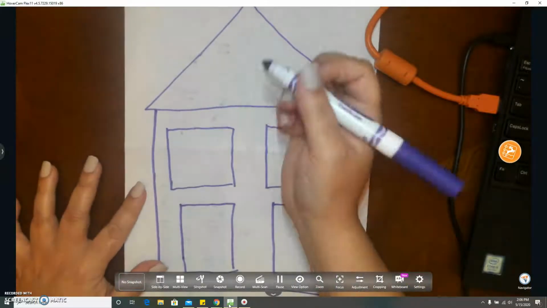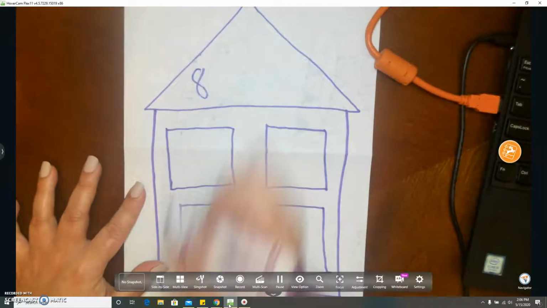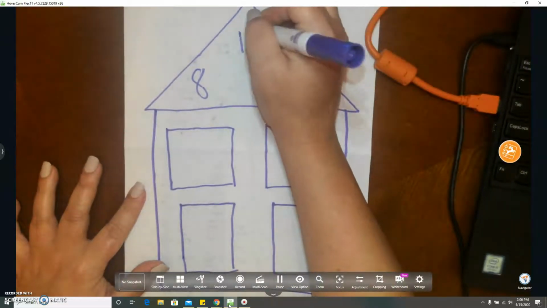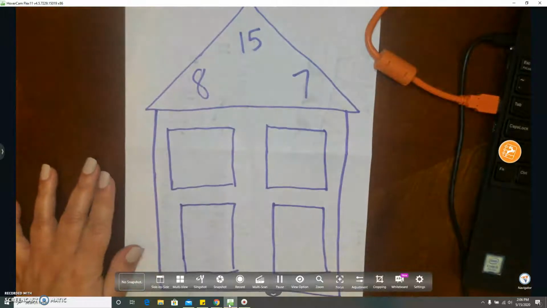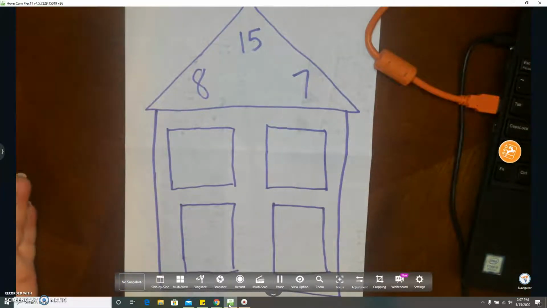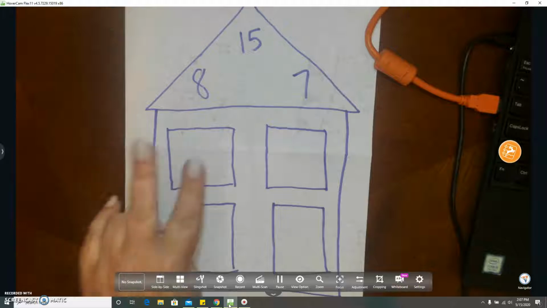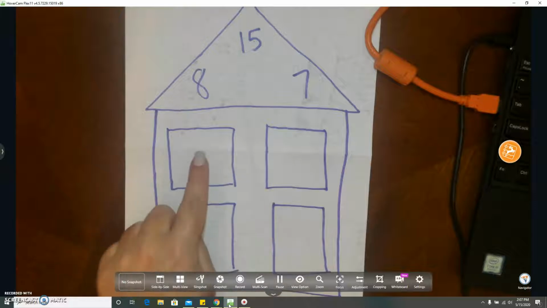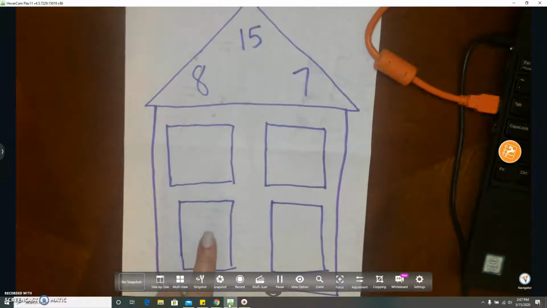So my numbers were 8, 7, and 15, right? Okay, so in a fact family, as you know, you always have 2 addition problems and 2 subtraction problems. So I'm going to do 2 addition problems and 2 subtraction problems.